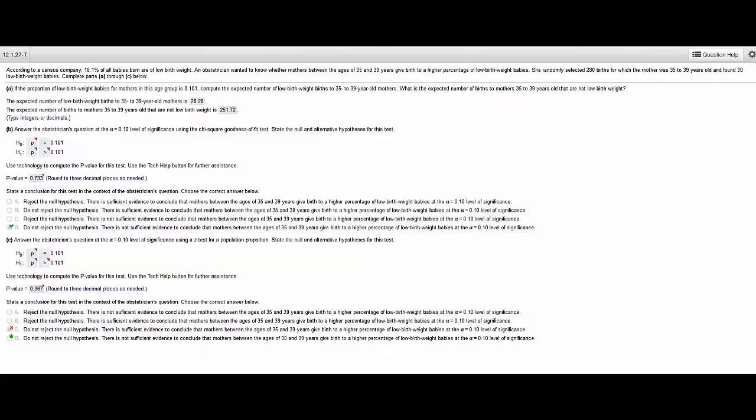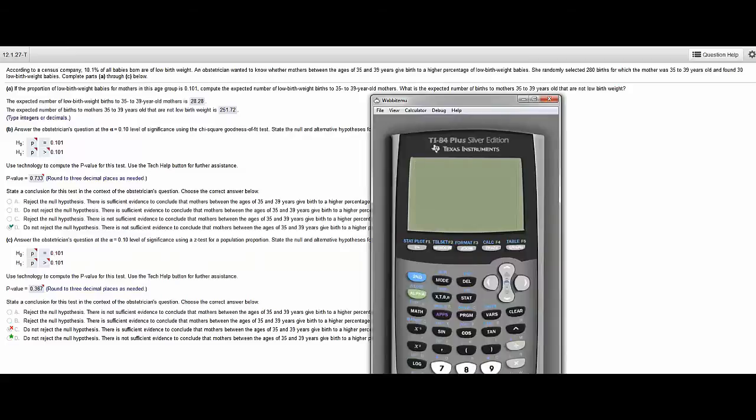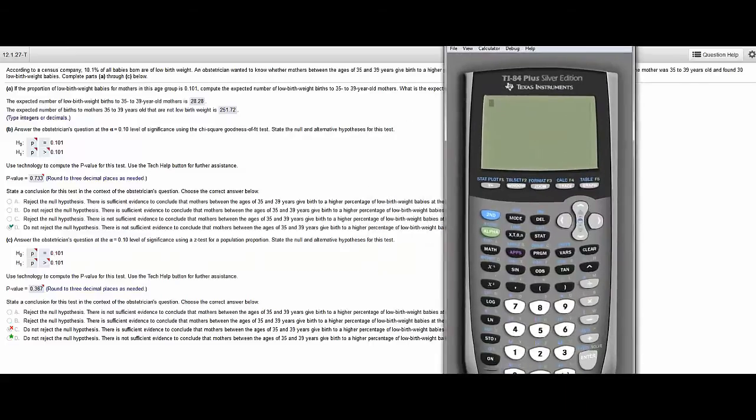If the proportion of low birth weights for the mother in this age group is 0.101, which is what we expect, compute the expected number of low births from the 280. You actually got that right, so I'm sure this is exactly what you did: take the number and multiply it by that percent.